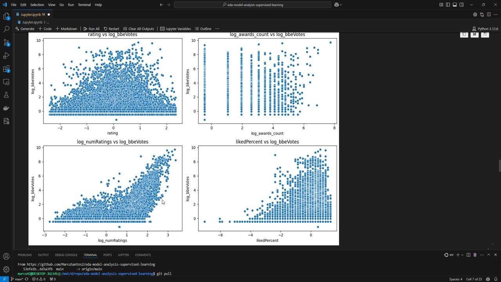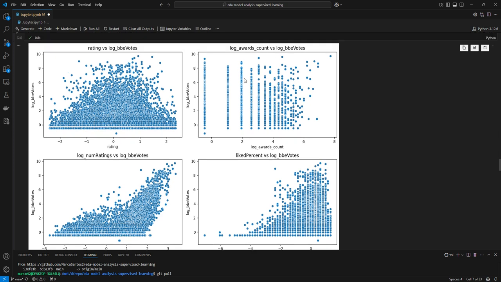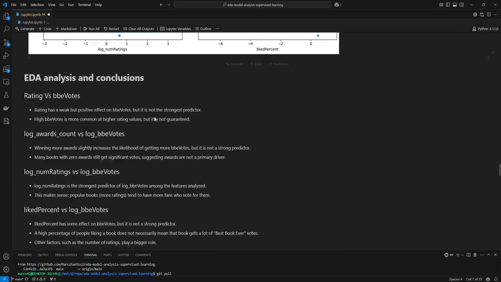So as the number of ratings increase, the BBE votes also increase. You see some similar results with liked percent, but not to the same extent, excuse me. And then you don't see the same results with log awards and also with rating. The distribution is more spread out, and you don't see a clear pattern here.